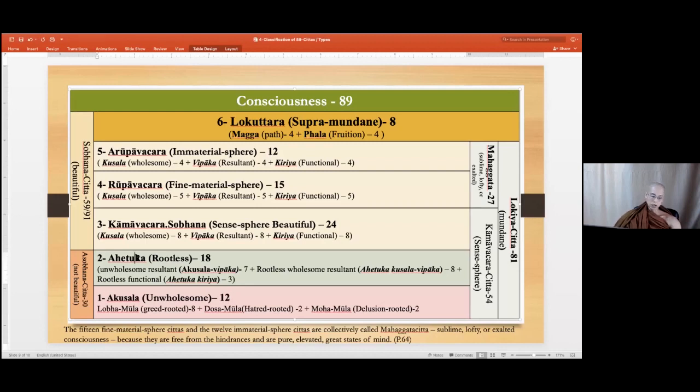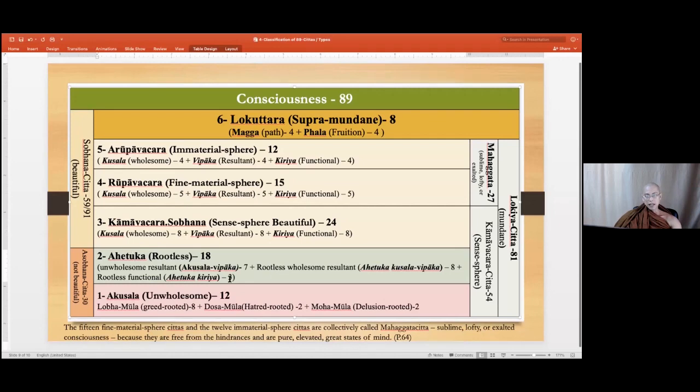And ahetuka consciousness, although they are not rooted in lobha, dosa, moha, greed, hatred, and delusion, they don't have any roots. They are like floating plants in the water, with no roots. It's not stable.